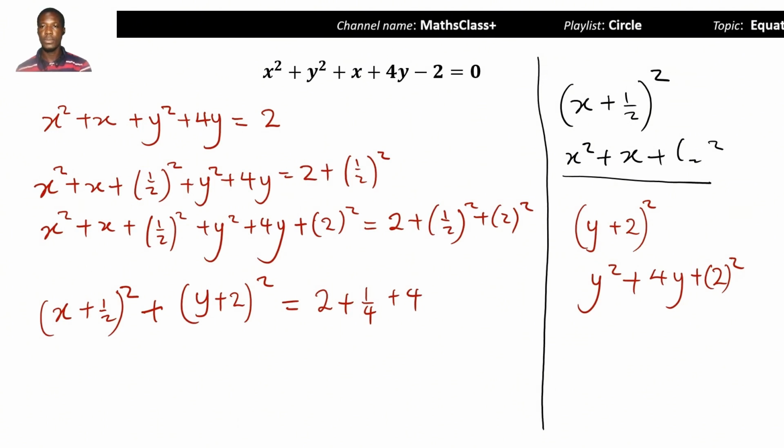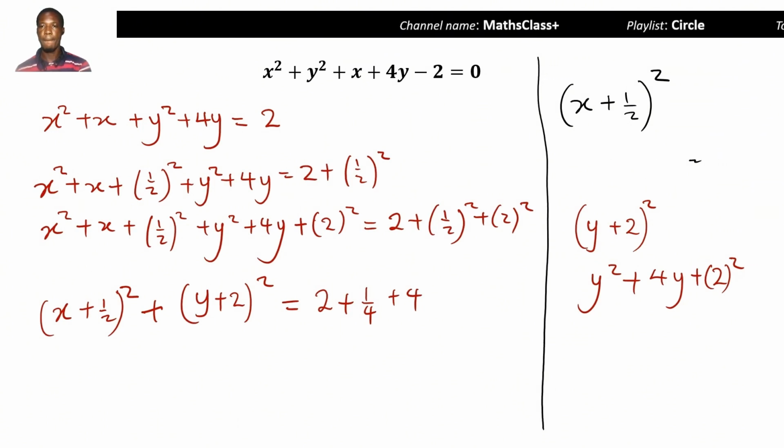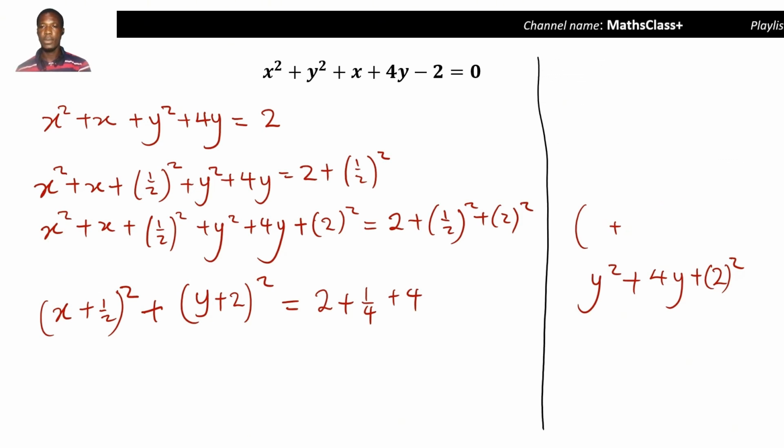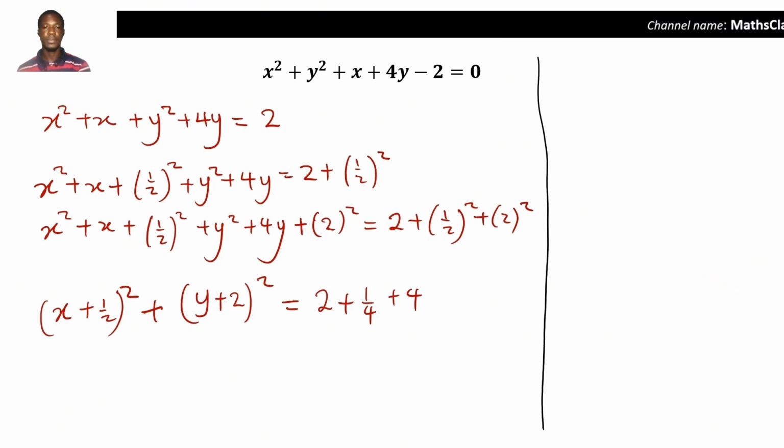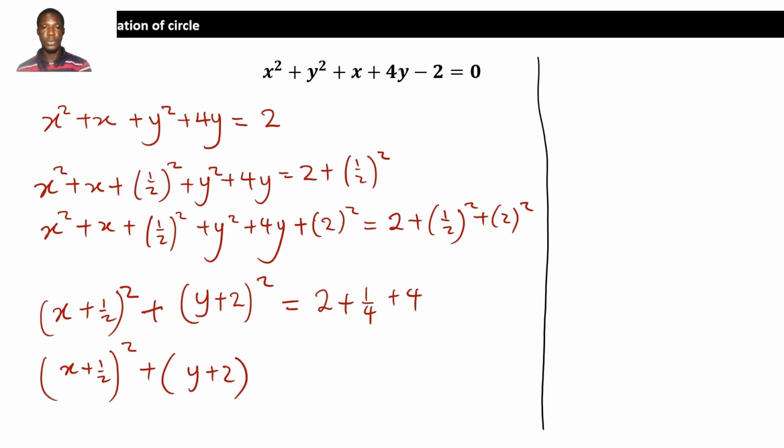Okay, so we are going to continue. Let me quickly clean what I did here. Then we have x plus 1 over 2 squared plus y plus 2 squared is equal to, so here when I put them together, I'm going to get 25 over 4.